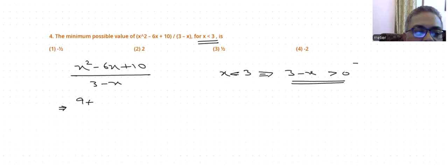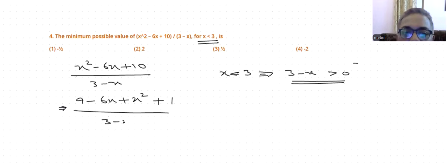9 minus 6x plus x square. Maximum part of the numerator had been covered up, and only one part is left, which is 1. So it is coming as 3 minus x.